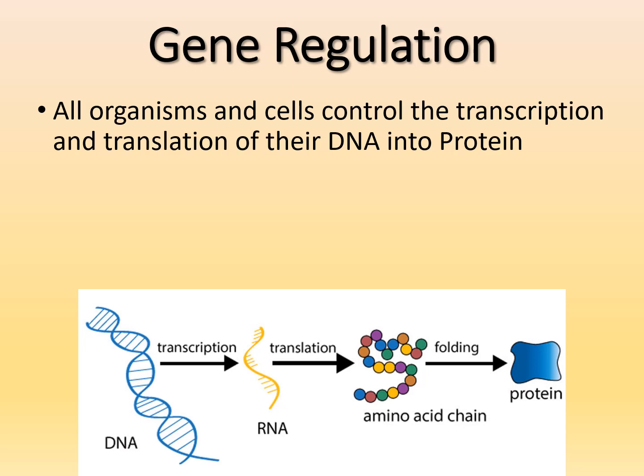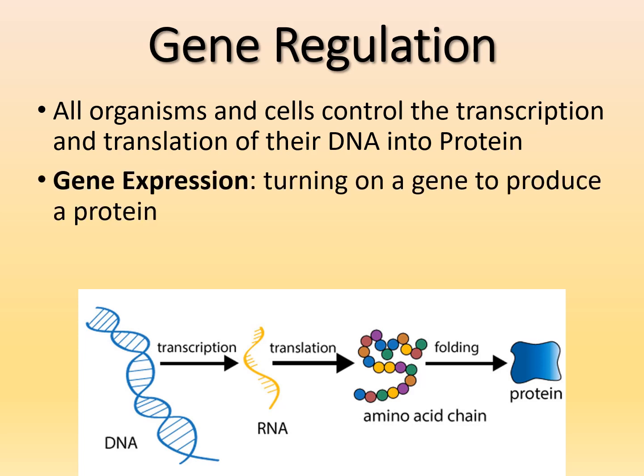So now that we know the process of transcription and translation and how we actually read our DNA and produce proteins, all organisms and their cells have the control over the transcription and translation process because they may or may not need that protein, right?